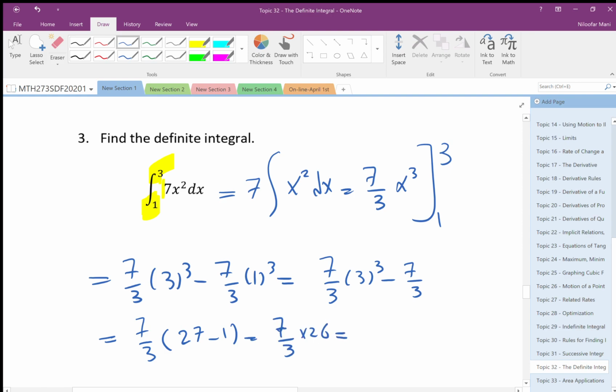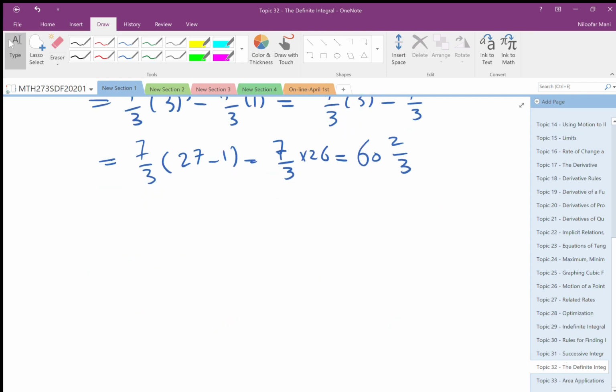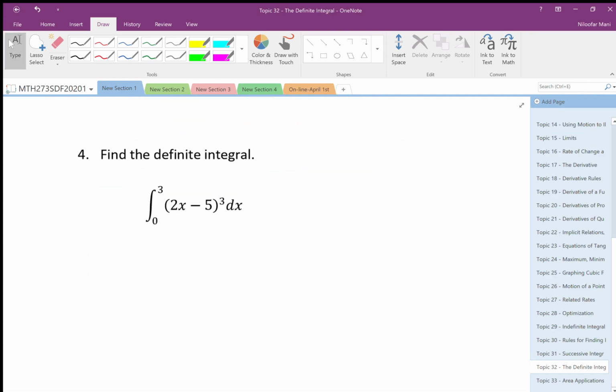Okay, what is the answer then? Which is 182 over 3. Okay, you can find the answer. So this is very easy. So if you know integral, easy.